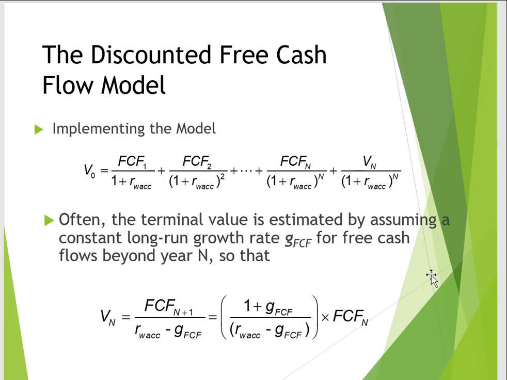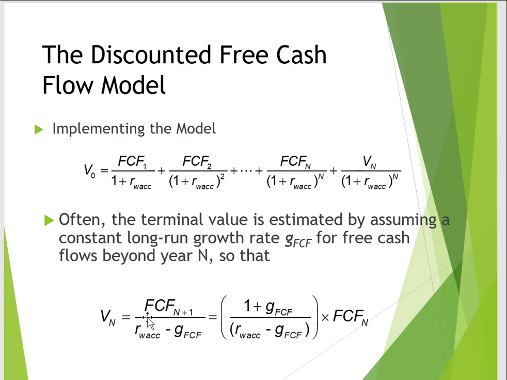That is absolutely not a really good assumption to make, but we have to make it to get the model to work. So the value of the company, V sub n, then is the free cash flow next year divided by the weighted average cost of capital minus the future growth rate of free cash flows.